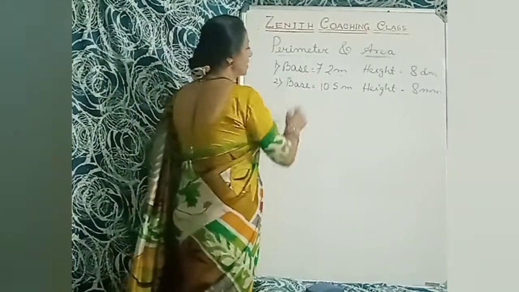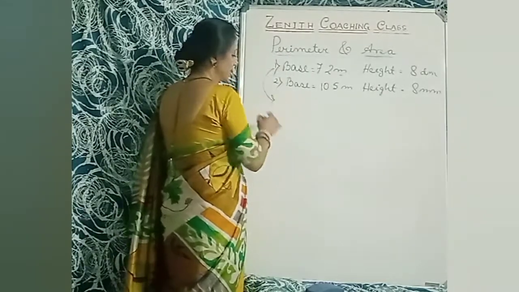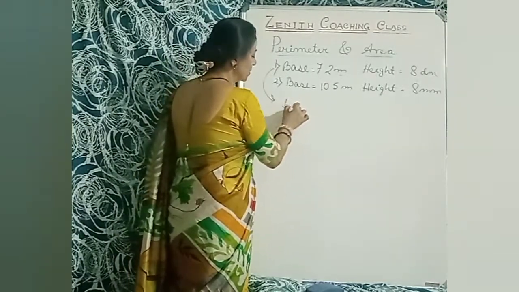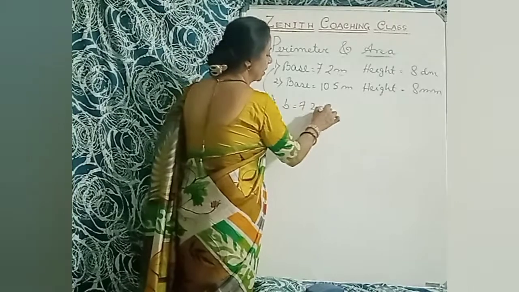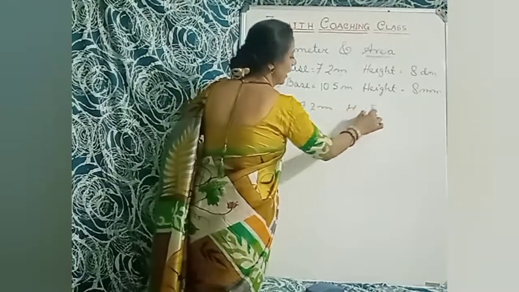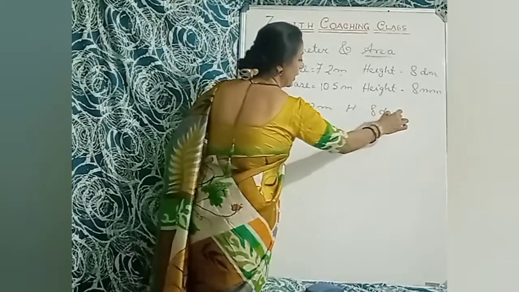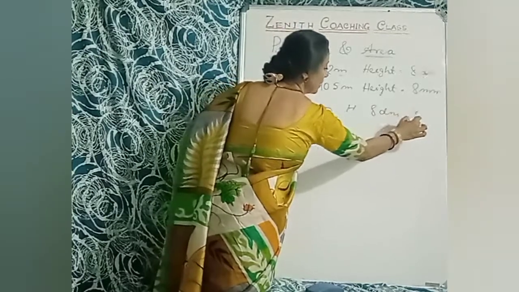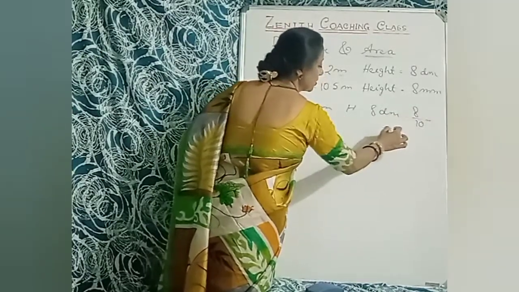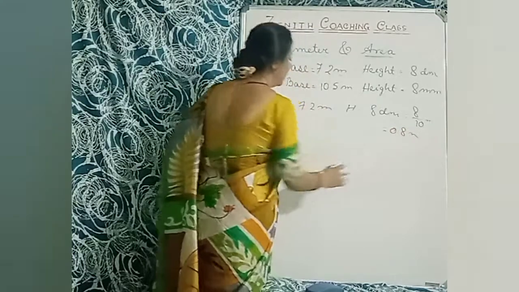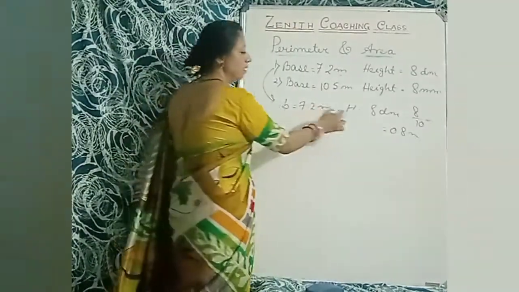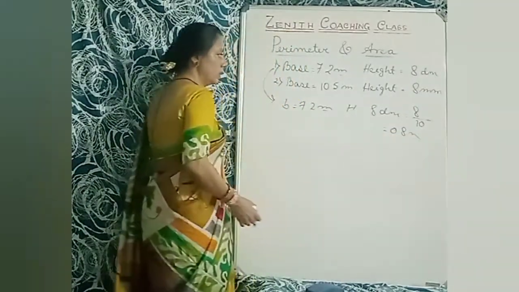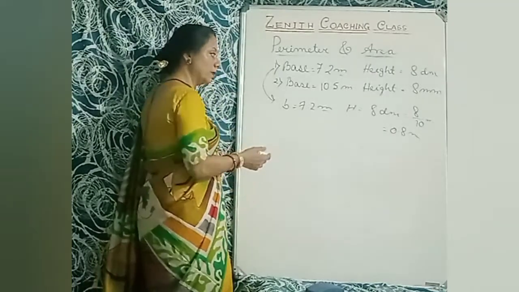So base equals 7.2 meter, h equals 8 decimeter, that is 8 by 10 meter equals 0.8 meter. Now the unit is the same, here is meter, here is also meter. So you can easily solve the problem now.